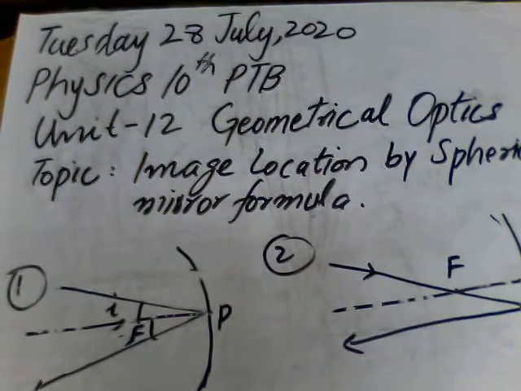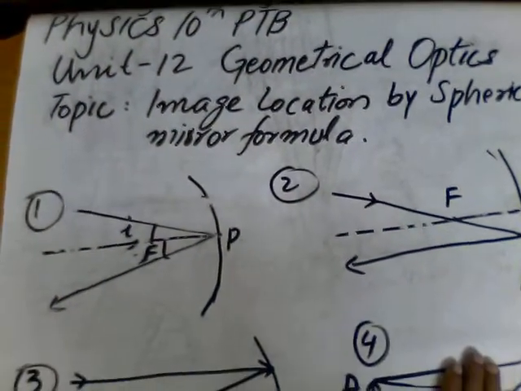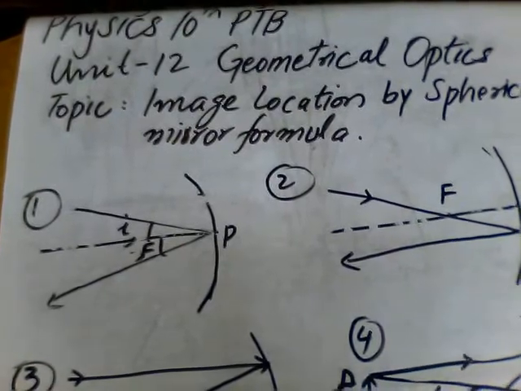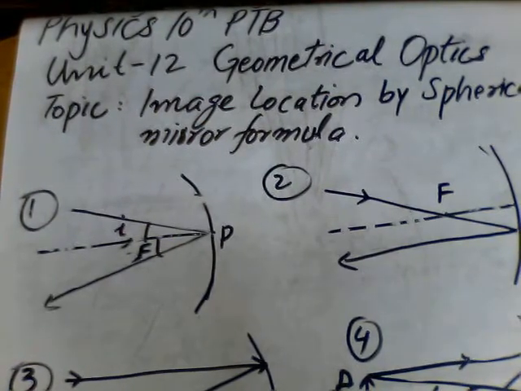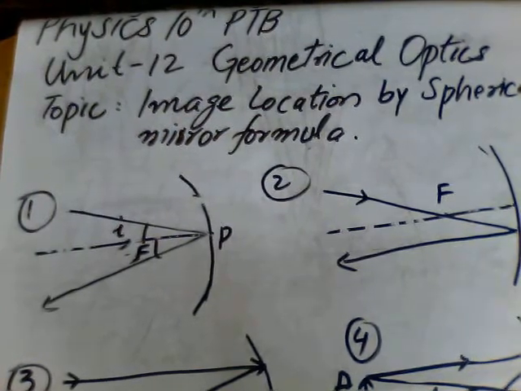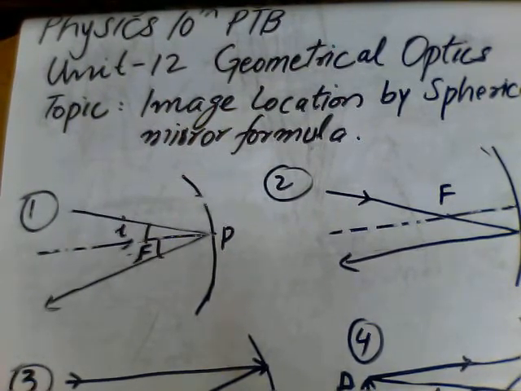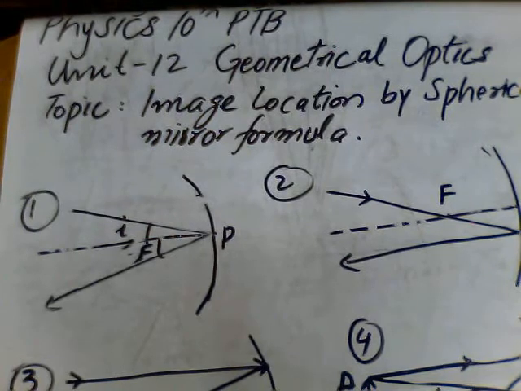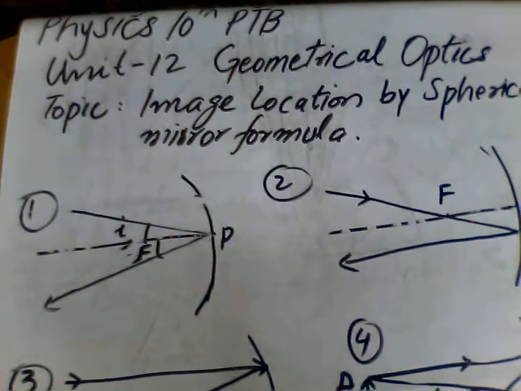Here we have four figures on the whiteboard, and a concave mirror is shown. For the example, we do a concave mirror.